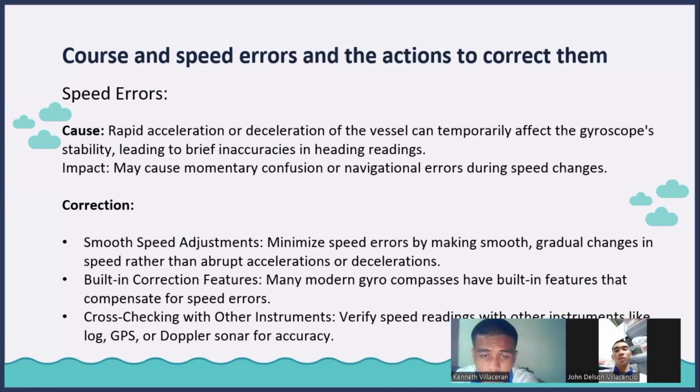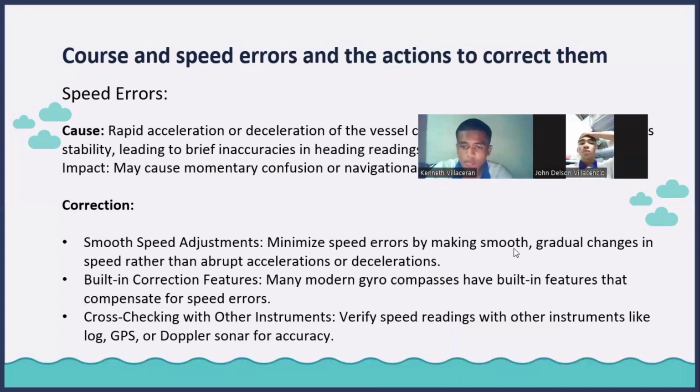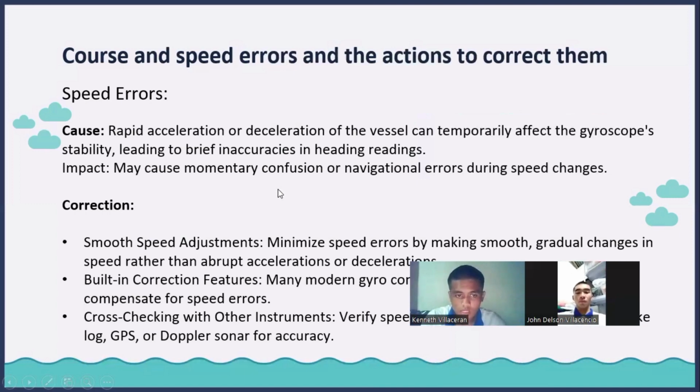Built-in correction features: many modern gyro compasses have built-in features that compensate for speed errors. Cross-checking with other instruments: verify speed readings with other instruments like the log, GPS, or Doppler sonar for accuracy. These are the three corrections for speed errors: smooth speed adjustments, built-in correction features, and cross-checking with other instruments.